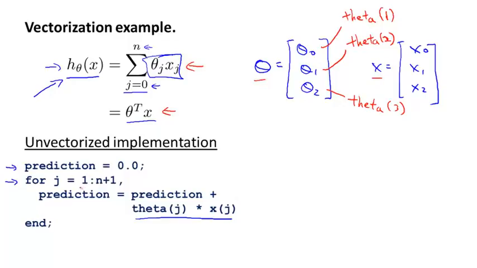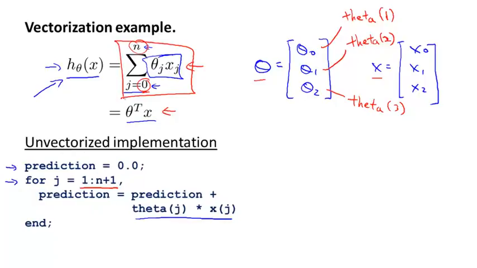That is why here I have a for loop where j goes from 1 through n plus 1 rather than from 0 up to n. So this is an unvectorized implementation in that we have a for loop that's summing up the n elements of the sum.